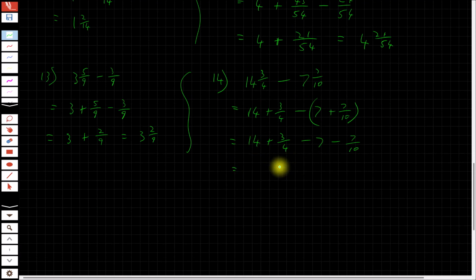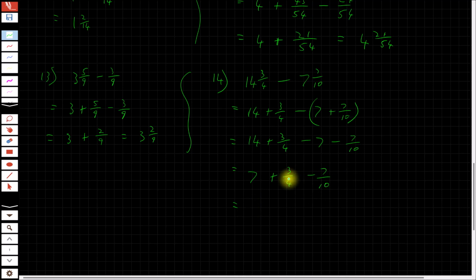Doing the whole numbers. Then doing the fractions. 3 take away 7 is -4, but we can see we have different numbers on the denominators, so we need to get those to the same.